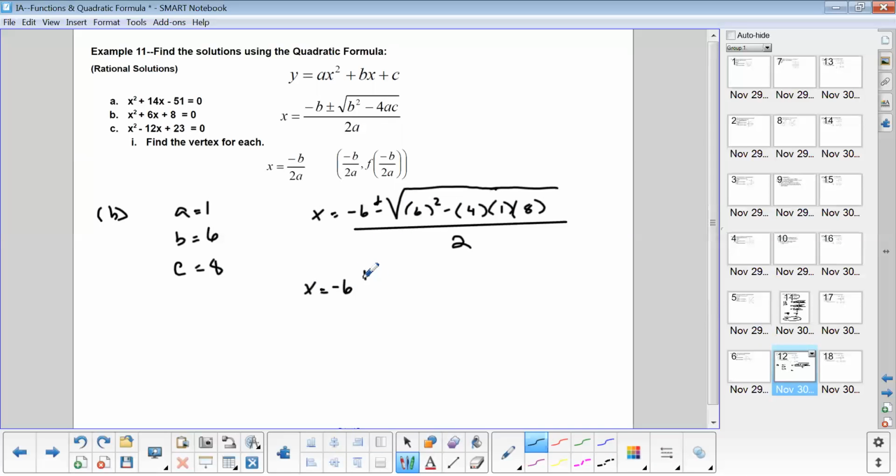So negative 6 plus or minus under the radical, I'm going to get 36 minus 4 times 1 is 4, 4 times 8 is 32, and all divided by 2.